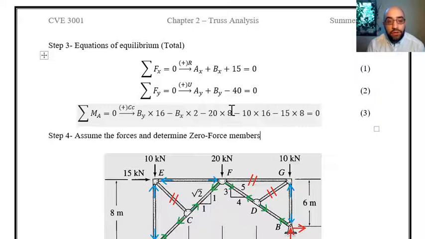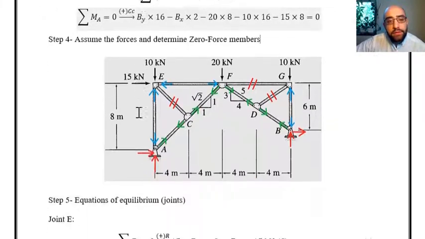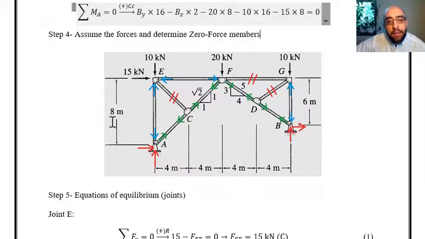By just writing the equations of equilibrium, we cannot find the reactions because these equations are not enough.